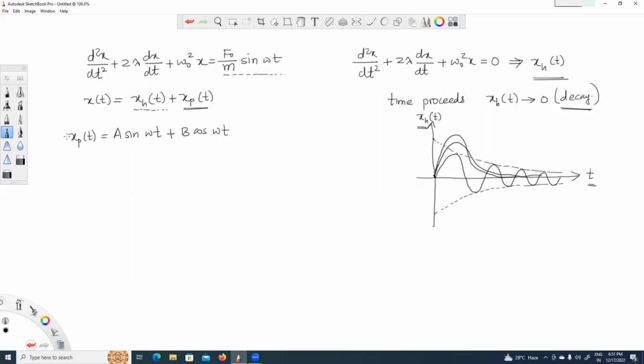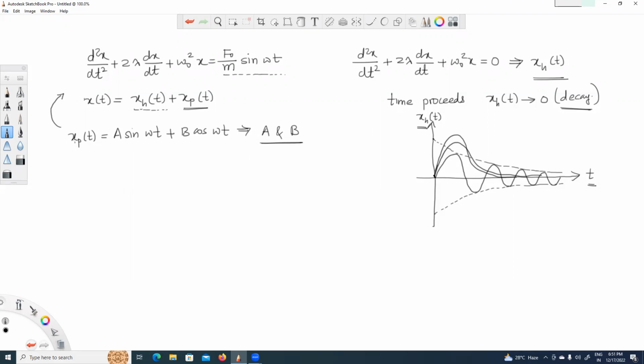If you put this into the governing differential equation, you'll find the constants a and b. I'm not doing the mathematics here, just describing the procedure to get the particular solution.